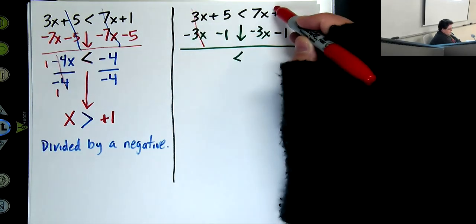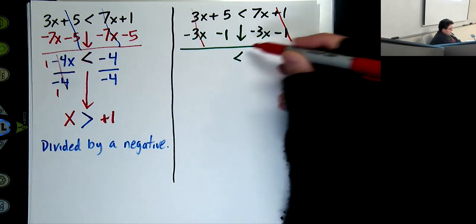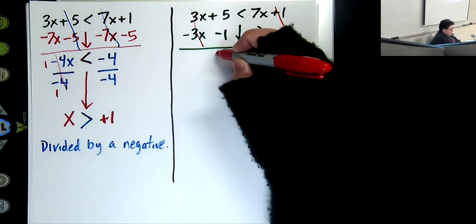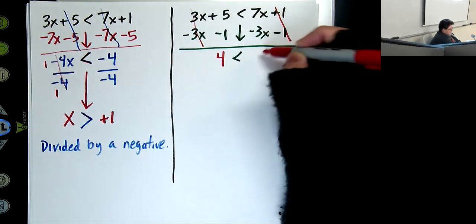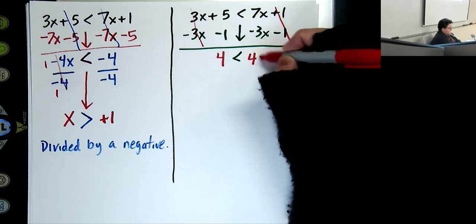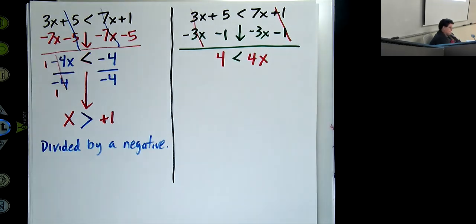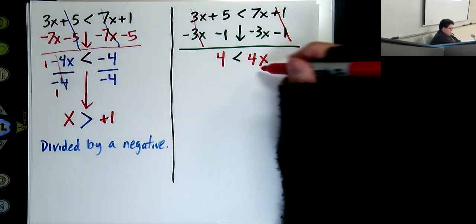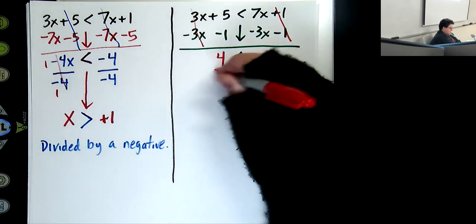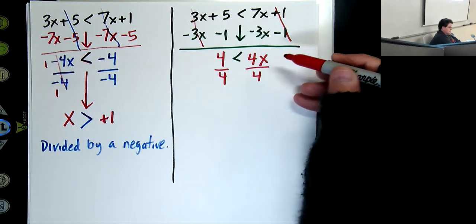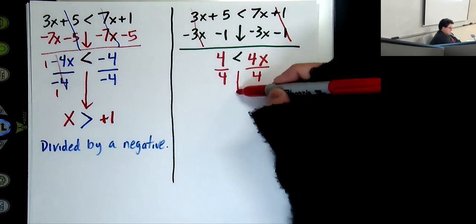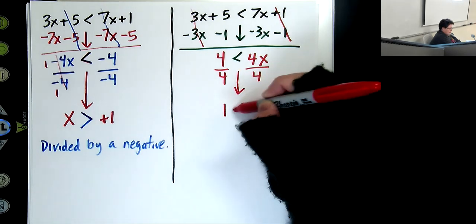On the right side, the 1 minus 1 goes away. I've got 5 minus 1 is 4. 7x minus 3x is 4x. If I keep going, I'll divide both sides by 4. And I get 1 is less than x.